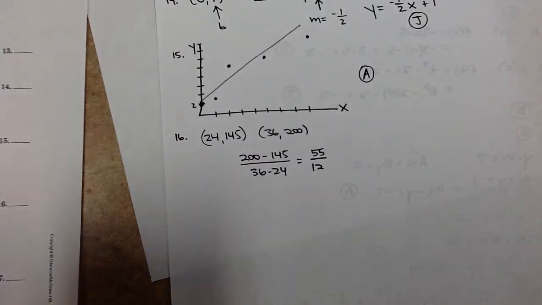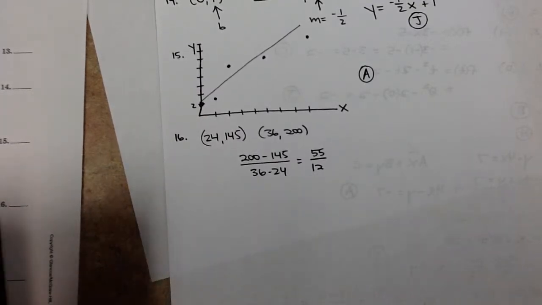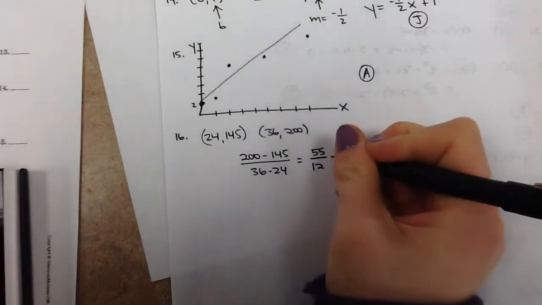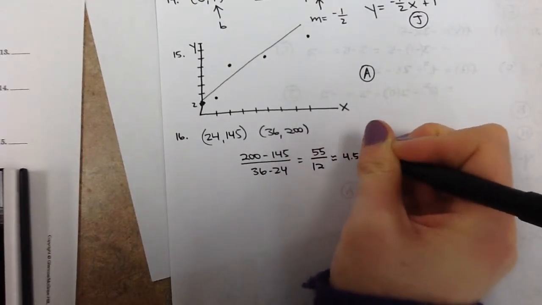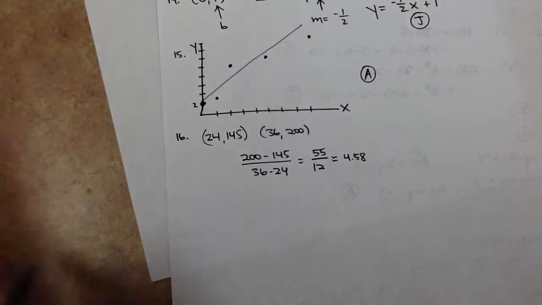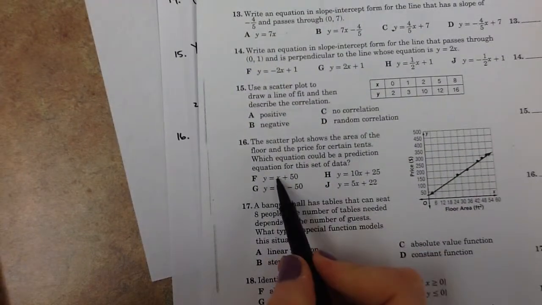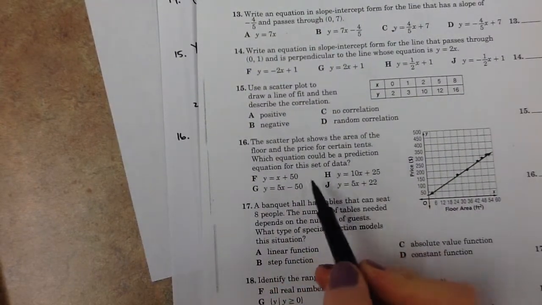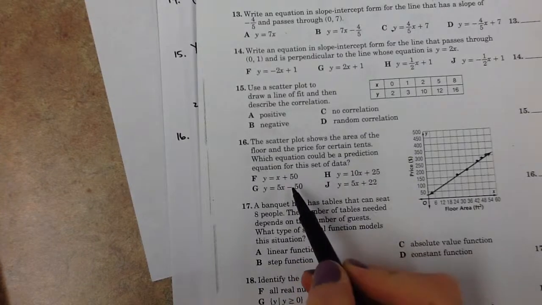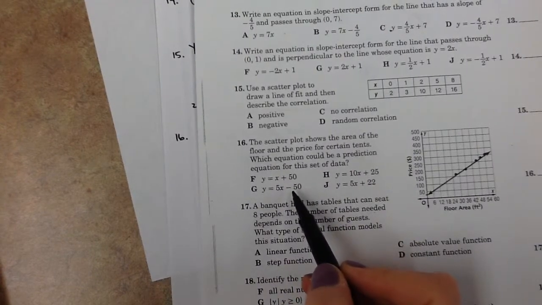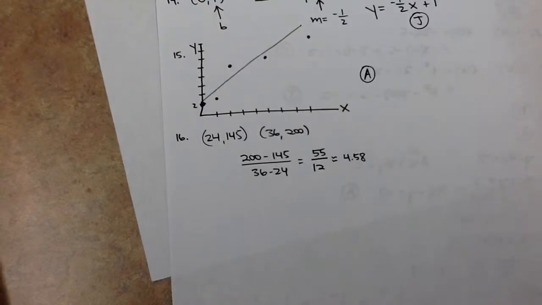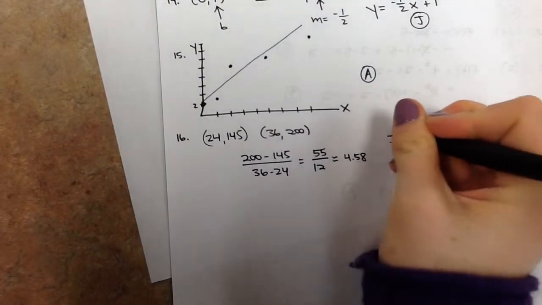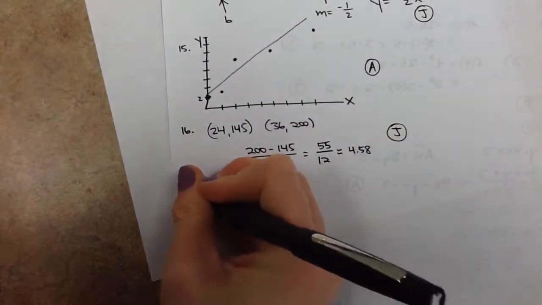It's going to come out to be a decimal, but just to get close, 55 divided by 12 is about 4.58. So if you're looking at your options, this isn't even close, this isn't even close. Must be one of the 5s. The y-intercept definitely is not negative 50. We eliminated that earlier. So J is the best option. Maybe not perfect, but it's the best option out of the ones that we were given.